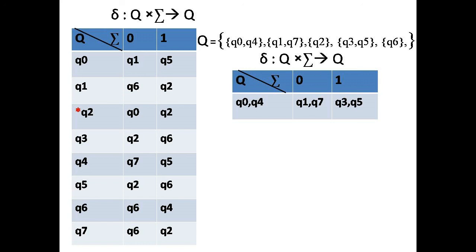The first state is Q0, Q4. On 0 input symbol, it goes to Q1 and Q7. On 1 input symbol, Q0, Q4 goes to Q5 state. But Q5 is along with Q3 state, so we write Q3, Q5 in the new transition table.